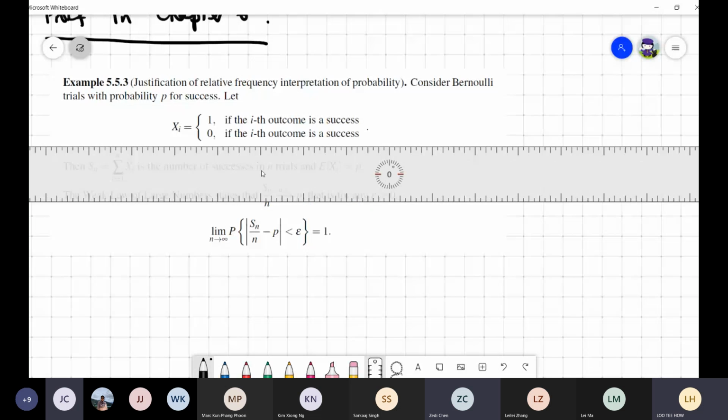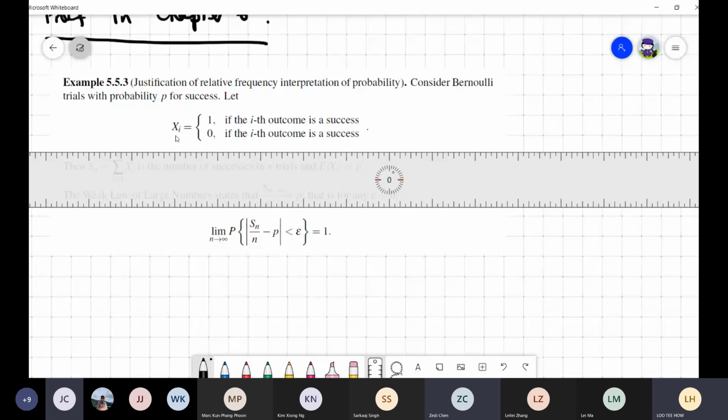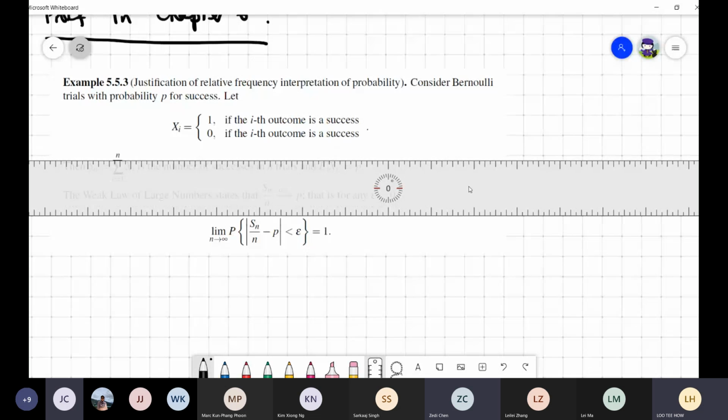As usual, we let Xi be 1 if the i-th outcome is success, 0 when the i-th outcome is, oh, I think there's a typo. This one cannot be both success. We are interested in success, so this one should be fail.